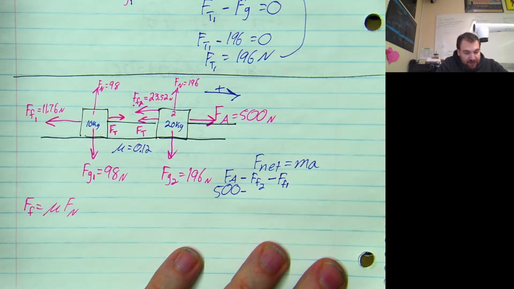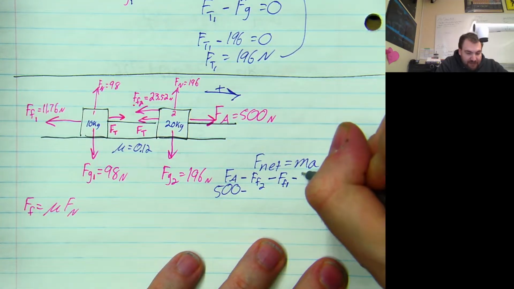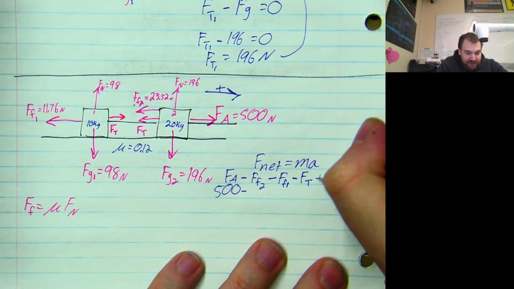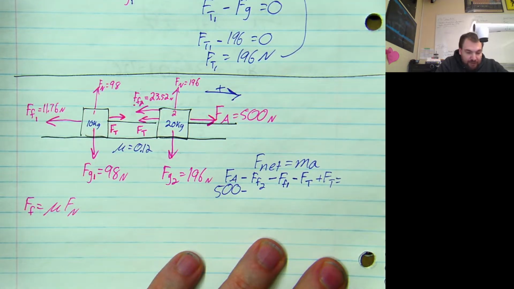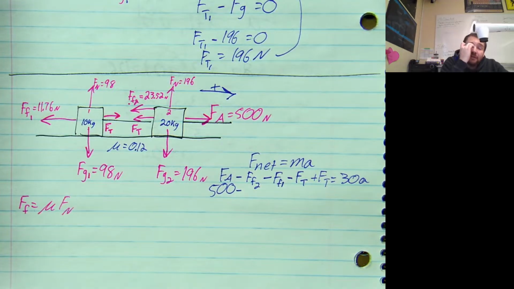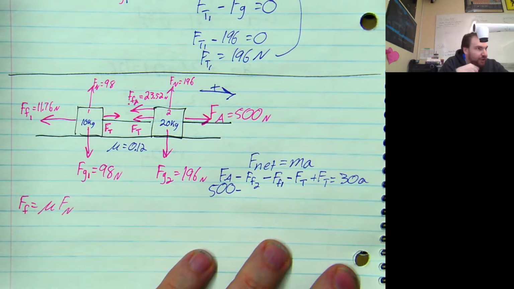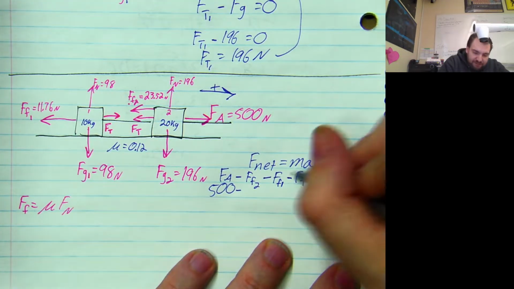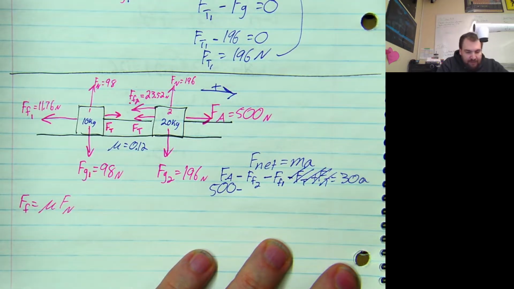Okay, what else am I doing in here? Equals... Oh, there's more forces. Oh, there is the cancel. Yeah, these guys are going to cancel. Minus FT plus FT equals 30A. So these are going to cancel. I know they're going to cancel. I know some of you know it's going to cancel, but I want to see it anyway.